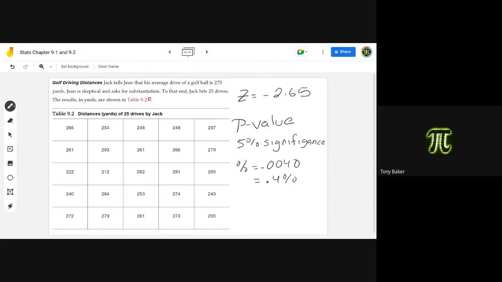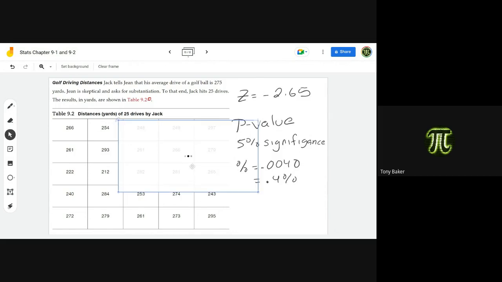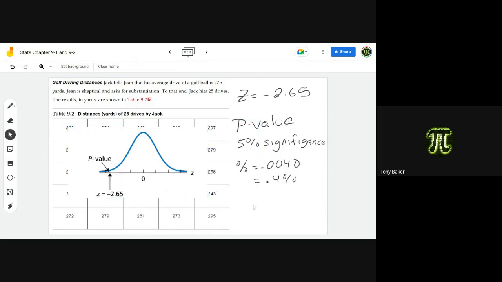When we're looking at the p-test, what we're doing is asking: is the percent that I got less than the significance level that I want? Since I want 5% and we're at 0.4%, we reject.